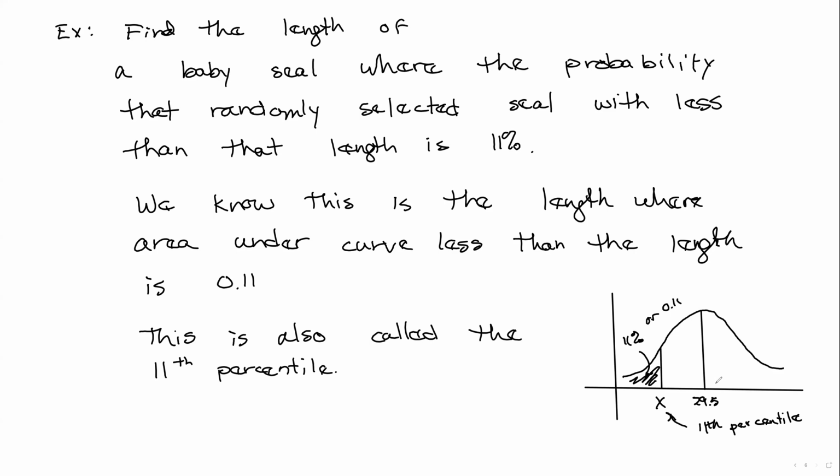Think about what data is to the left of that. How much data is it separating from the data to the right? Well, it's in the middle. So it's separating the bottom half from the top half. So the mean is the 50th percentile. So 29.5 is the 50th percentile. That's how percentiles work.